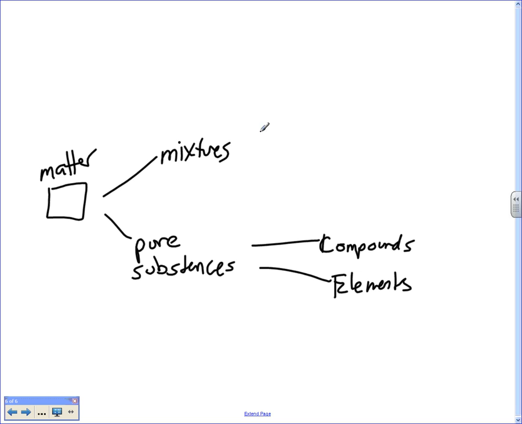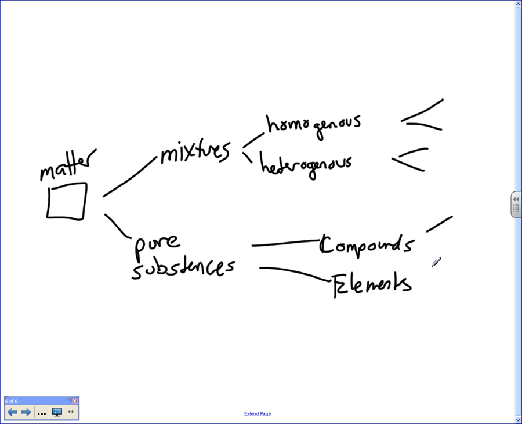Okay, and then mixtures are broken down into homogeneous and heterogeneous mixtures. And then there's also yet another column of six different boxes. Okay, so keep those in mind as well.